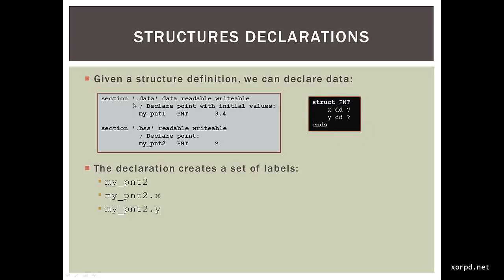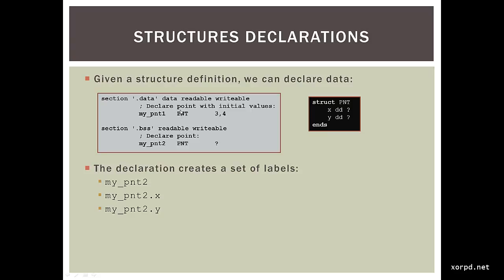In this code example, we can see two different declarations of the point structure. The first one is inside the data section. Here we declare a point with initial values. We call it myPNT1, and this is the label which points to the data.